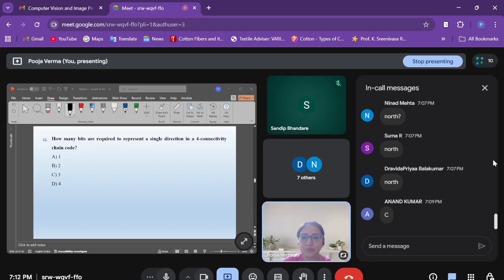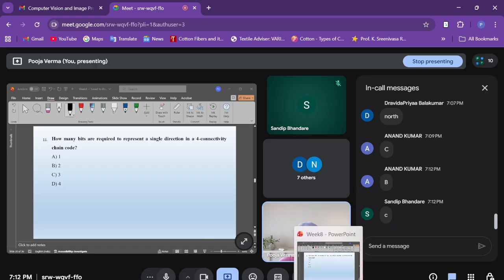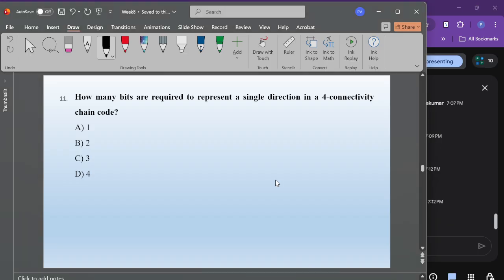Anyone, any idea how many bits are required to represent a single direction? Okay, so let's see. As we know, in a four connectivity chain code, there are only four possible directions, right? To represent the movement between the adjacent pixels. That is right, left, up and down, right?